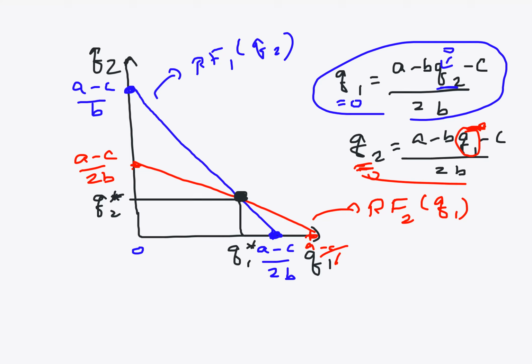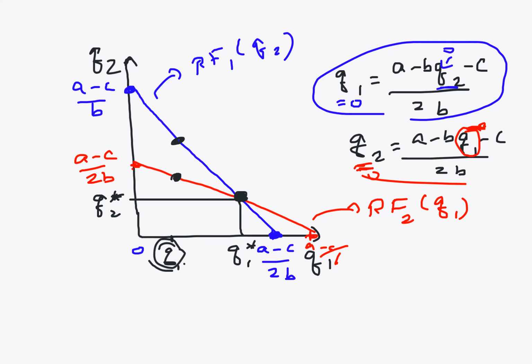The intuition is very similar. Let's say firm 1 chooses some output Q1 right here on its reaction function. Firm 2 is going to respond to this output by choosing this output on its reaction function.